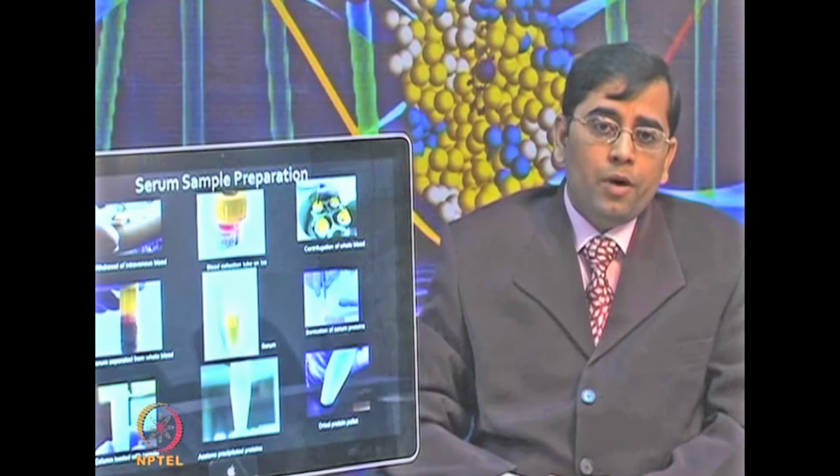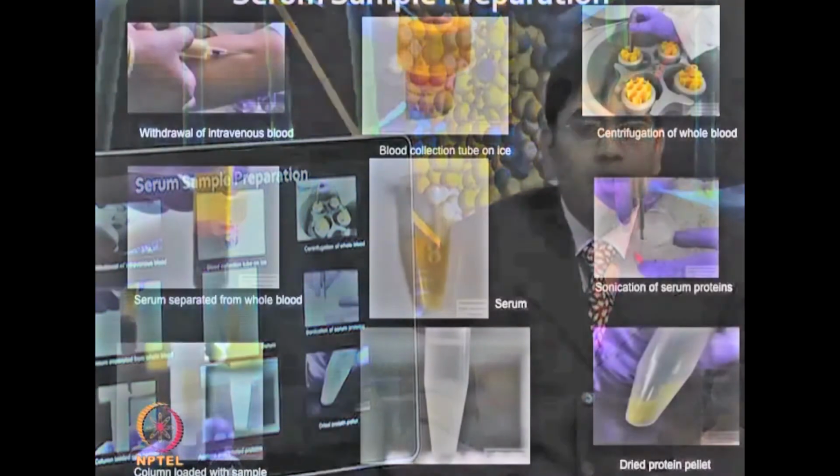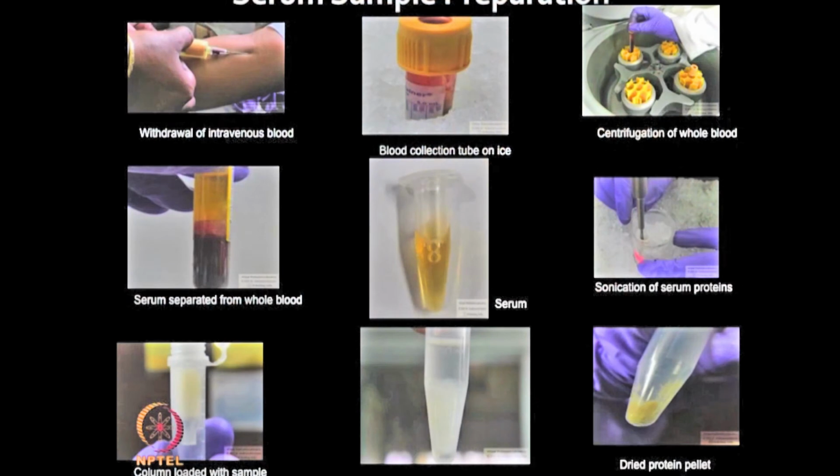Now, I am giving you an overview here for the serum sample preparation. The various steps are shown in images, such as withdrawal of intravenous blood, blood collection in the tube, centrifugation of whole blood, and how to remove the serum from the whole blood. Serum can be transferred into fresh tubes.